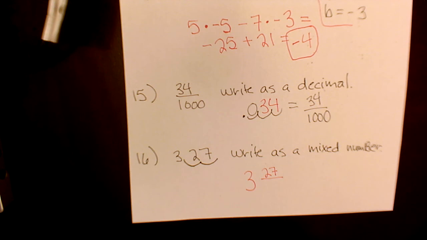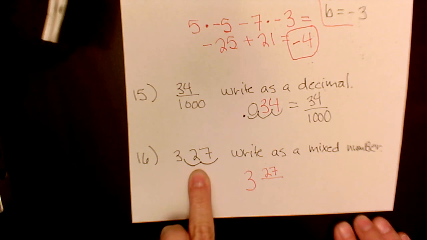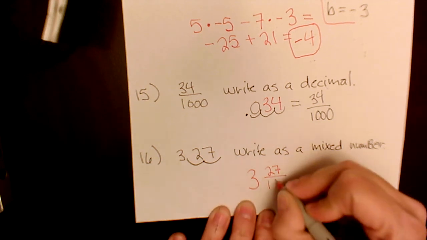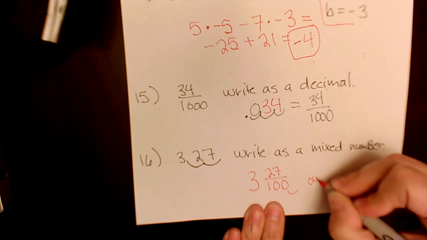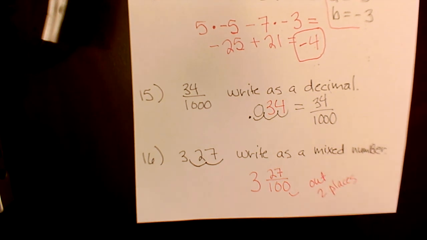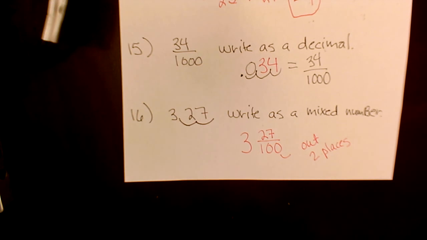So I'm out 2 places, and if you recall the place values, you've got your tenths and your hundredths. So this makes this 3 and 27 over 100 because it's out 2 places. Okay, I'm going to stop there and pick up with 17 in the next video.